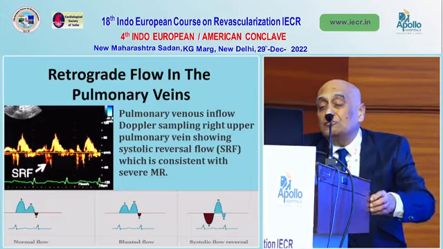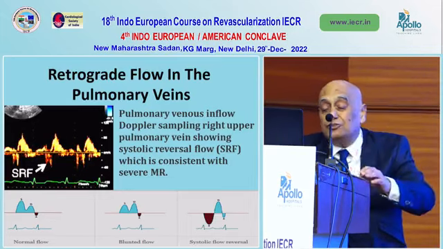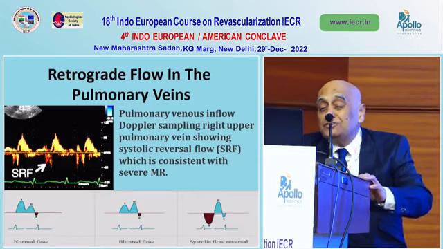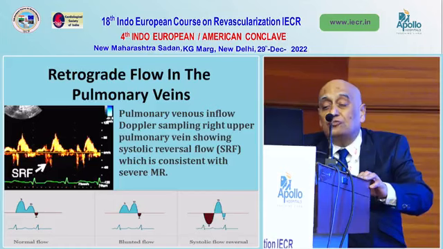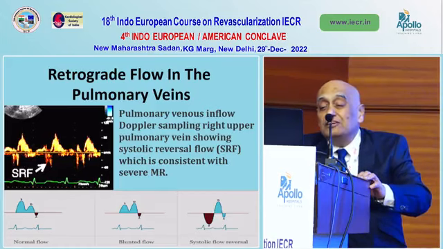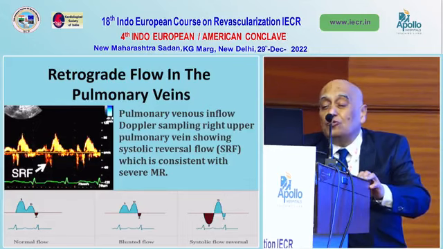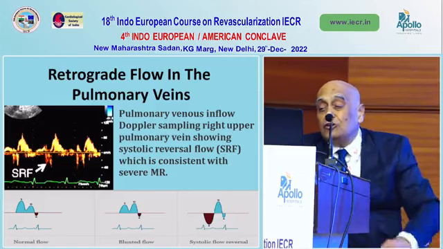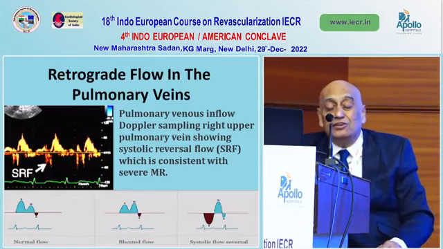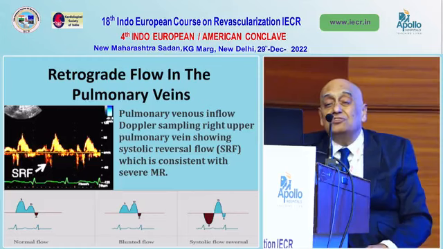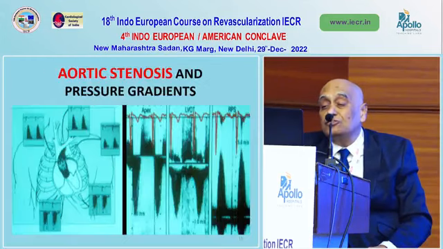In severe MR, you lose the antegrade systolic flow, the S wave, and it is replaced by the systolic regurgitant flow, labeled here as SRF. So if you get a systolic reversal of flow in the pulmonary veins, it is consistent with severe mitral regurgitation.